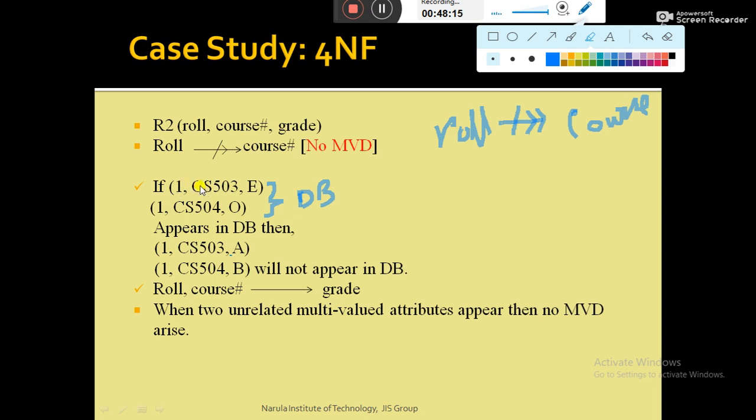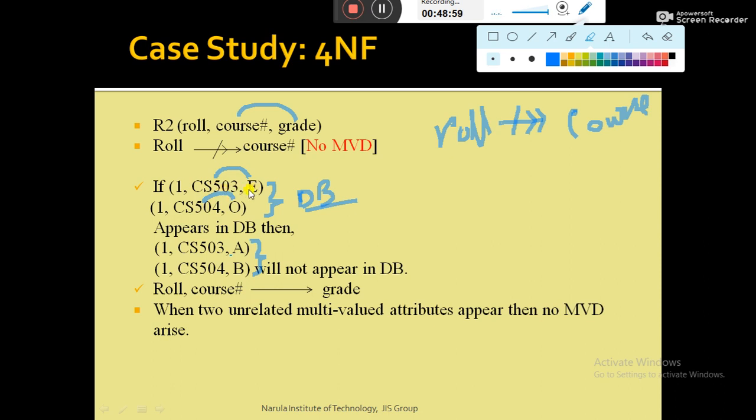So a 1:n relationship exists, but the point here is that there is a dependency between course and grade. CS503's corresponding grade is E, and CS504's corresponding grade is O. These two rows can be in the database, but we can't have another row 1, CS503, A at the same time when 1, CS503, E is present.